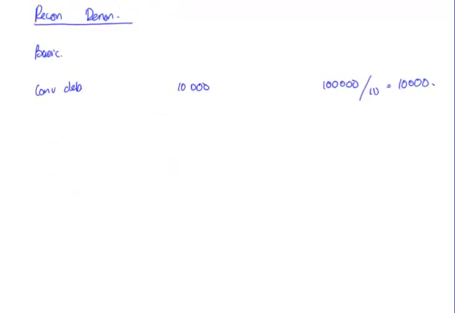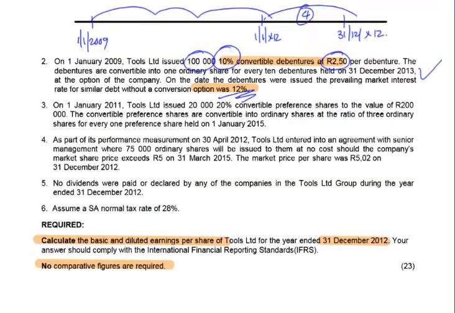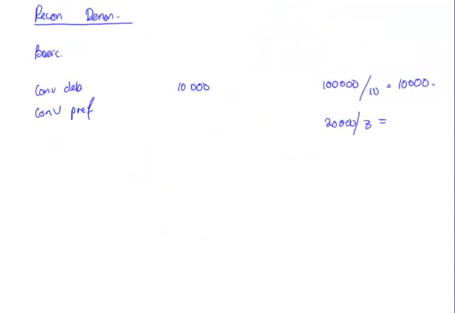And they will convert into, there are 20,000 prefs and 3 of them convert into 1 share. Let's just make sure. The prefs are convertible into ordinary shares in the ratio of 3 ordinary shares for 1 pref. Goodness me, I'm not being very clever, am I?